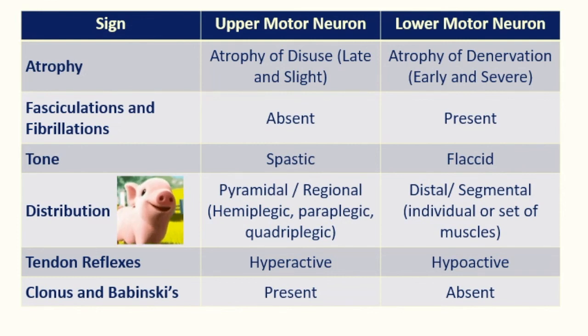Now, to differentiate again for the two, class, this is a table derived from a book in medicine, to differentiate your upper motor neuron and lower motor neuron problem. So in an upper motor neuron problem, we have what we call atrophy of disuse, meaning you are not using that part of the body, it results in a decrease in its size. Whereas class, in a lower motor neuron, there is what you call atrophy of denervation.